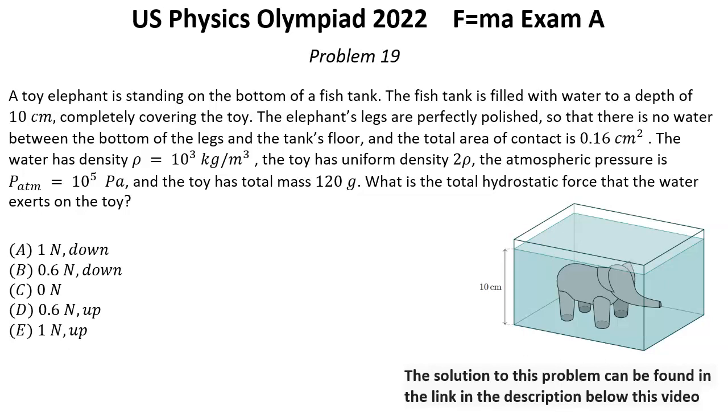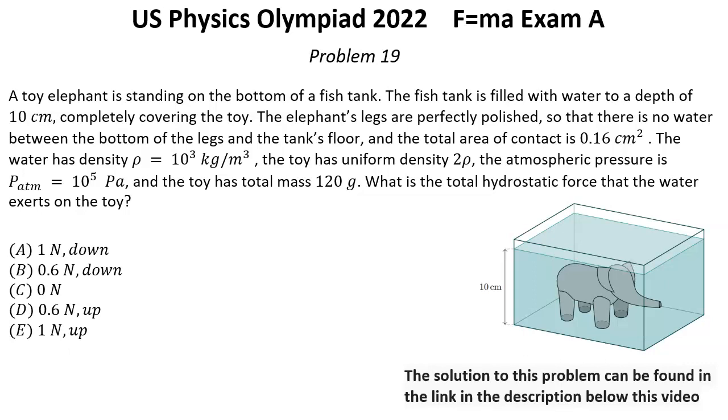The water has density rho equal to 1000 kilograms per cubic meter. The toy has uniform density 2 rho. The atmospheric pressure is 10 to the power 5 Pascal, and the toy has a total mass of 120 grams. What is the total hydrostatic force that the water exerts on the toy?